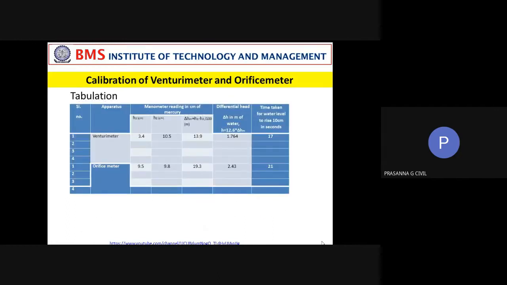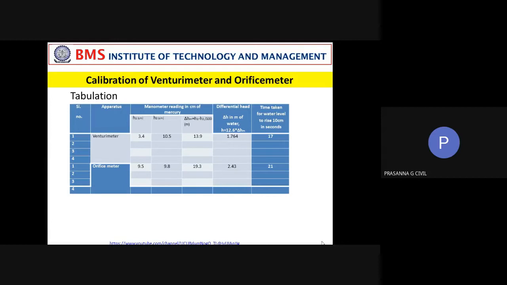You will see the tabulation. One set of readings for venturi meter and one set for orifice meter is being done. Manometer reading has to be taken to measure the difference of head at the inlet and at the throat, and the differential head in terms of water has to be calculated. For a particular discharge, the time taken for 10 centimeter rise in the collecting tank need to be calculated.